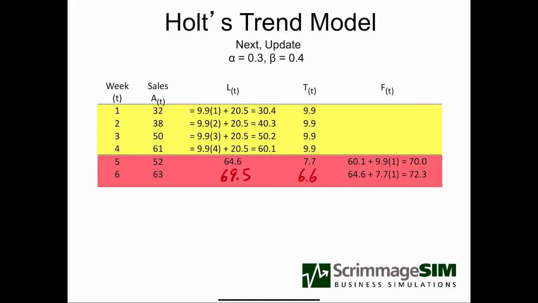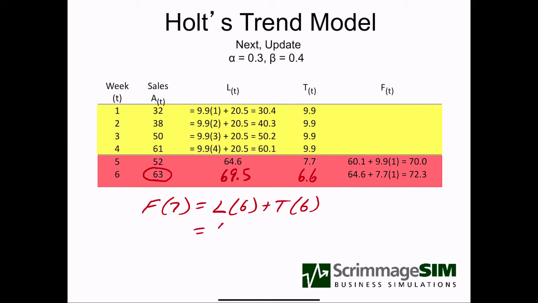Given these new values for the level and trend, our new forecast for week 7 is going to be equal to the level in week 6 plus the trend in week 6. In other words, what we thought the level and trend were after adjusting for the new sales figure of 63, which is under what we forecast. We over forecast again.